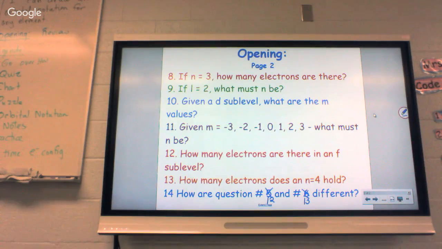How many lines? Yeah, so 2, 6, and 10. You had the right idea. You were doing the right work. You did it right on your paper.